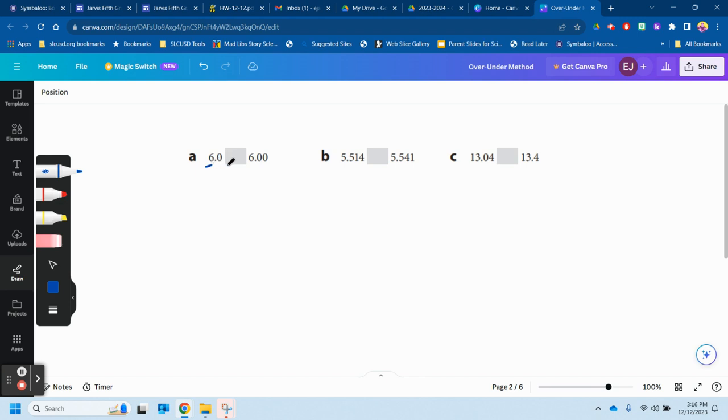So we look at the ones place, they're both 6s, and I keep going to the smaller place value to compare. 0/10, 0/10, 0/100. There's nothing there, that's the same as 0. So this is 6 and 0/10, equal to 6 and no hundredths. We have 5 ones. I look at the other one. They have 5 ones. They have 5/10.